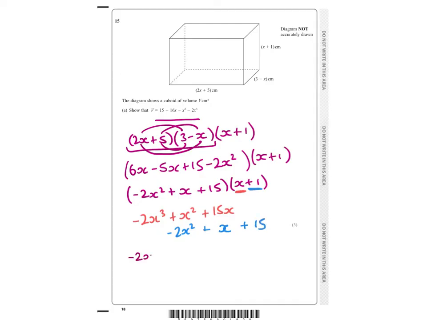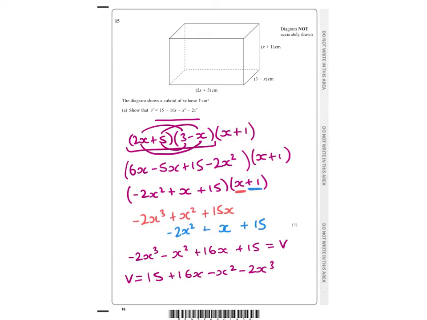So I'm going to get minus 2x cubed, x squared, that's going to give me minus x squared. 15x plus x is 16x plus 15 equals our volume. Okay, now I can make that look exactly how they want it by putting the positive values first in descending order. Minus x squared minus 2x cubed. Brilliant, therefore we've showed it.